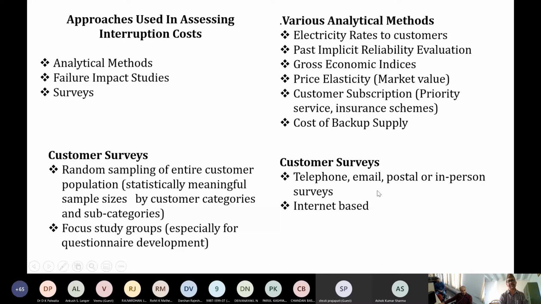You meet the customers in person and get their answers on the list of questions, or it can also be carried out using the internet.